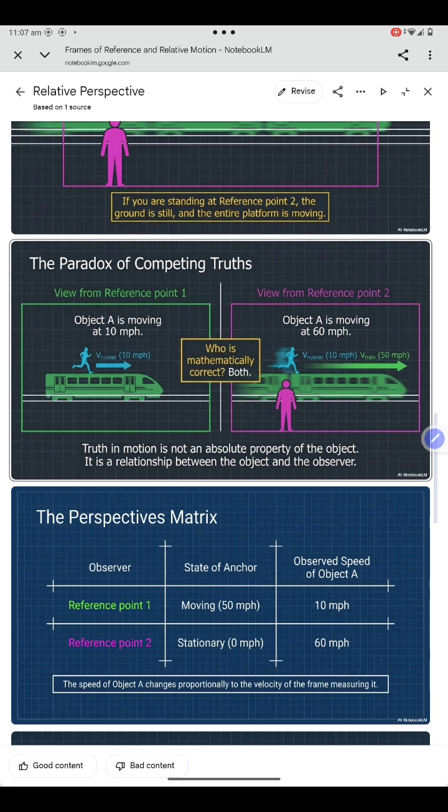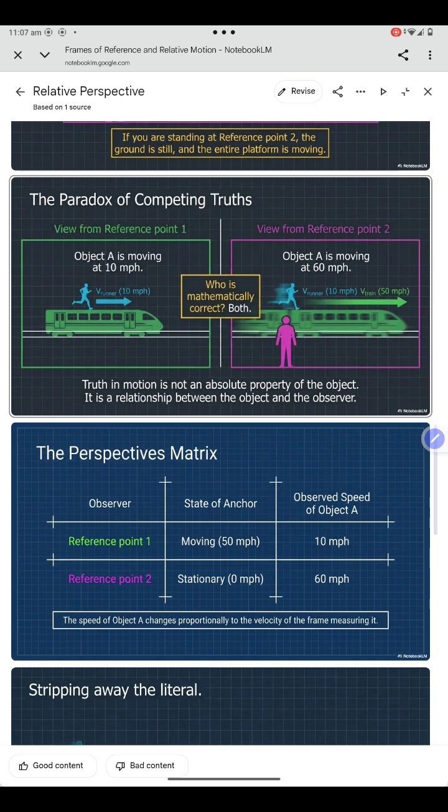So you can have a conclusive idea regarding reference point 1, the state of anchor: the person standing inside the train would see him running at a speed of 10 miles per hour, and if a person is standing on the ground, it would be 60 miles per hour.